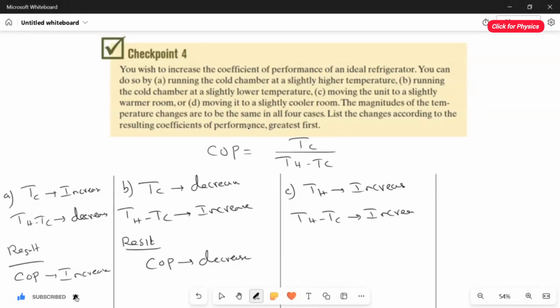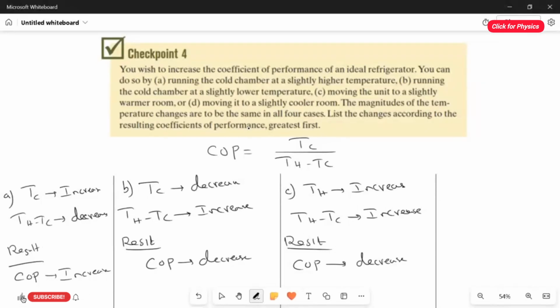Tc is the smallest value, and when you increase Th, the denominator will increase. So the result for this case is that your coefficient of performance again decreases. Clear?